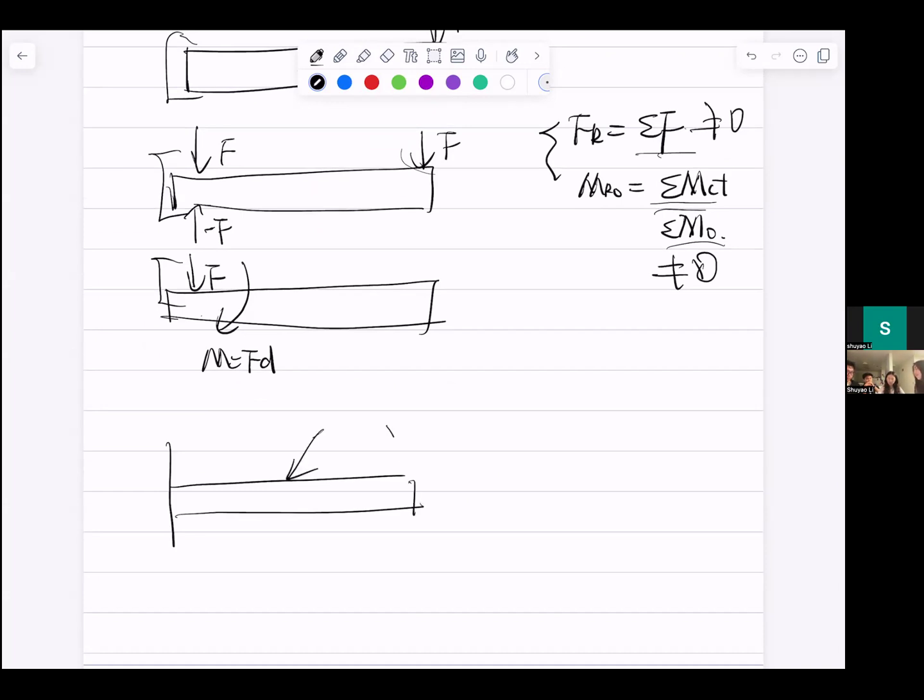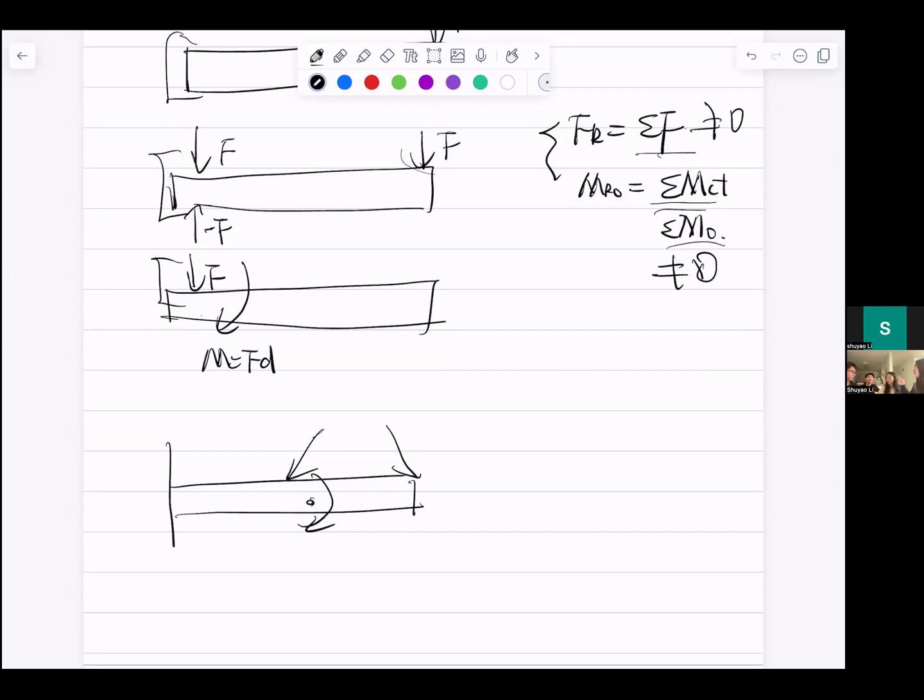In the last quiz, do you remember the second question? It asked us to replace the system with an equivalent system, and it gave us a bunch of options with different systems. When you found the moment about a point, all the moments were the same. So in that aspect they did have equivalent moments, but when you summed up the forces, they weren't the same.